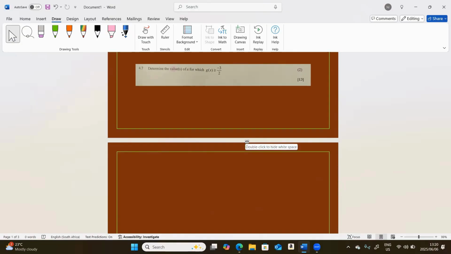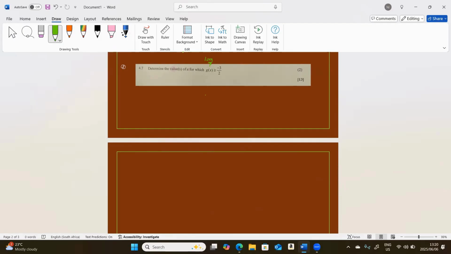Determine the values of x for which g(x), guys, g(x), we have to know with which function we are working over here. Okay, so we know that this is not the exponential function, this is the log function. So we are working with the log function over here. Okay, g(x) is the log function.